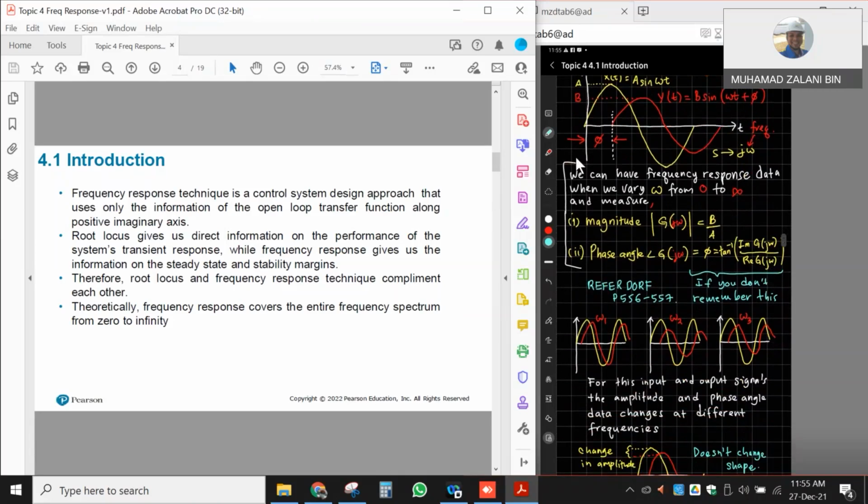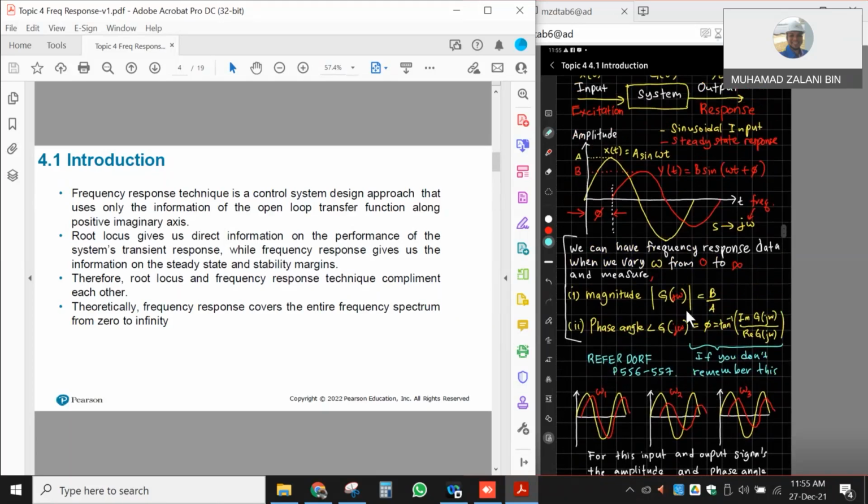So based on this input and output relationship, when we excite the sinusoidal waveform at the input x(t) and see the response y(t) here, we can have frequency response data when we vary omega from 0 to infinity. Also we can measure the magnitude using the equation here, which is the equation that we normally see.